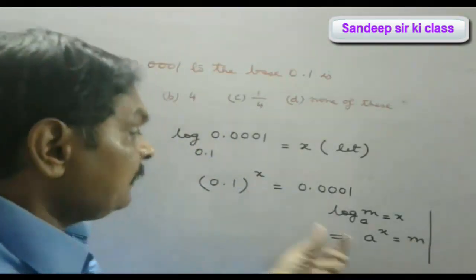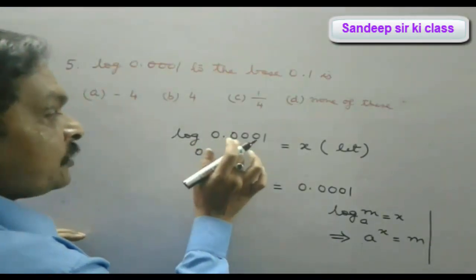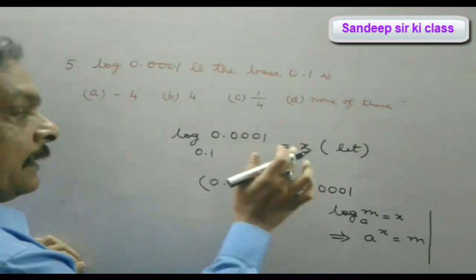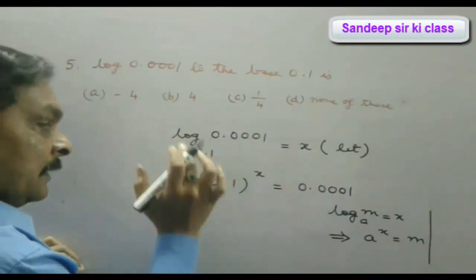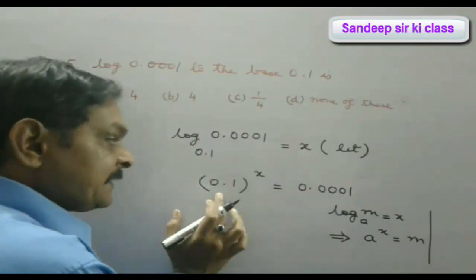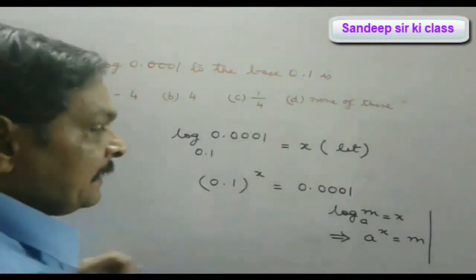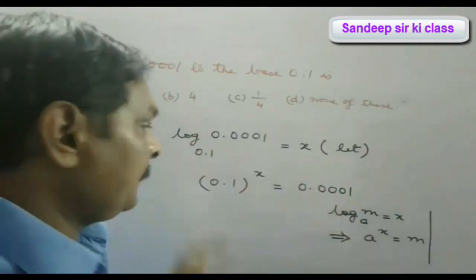With this definition, if I write log 0.0001 to the base 0.1 as x, then this base will become the base of indices here. So 0.1 to the power x is equal to 0.0001.